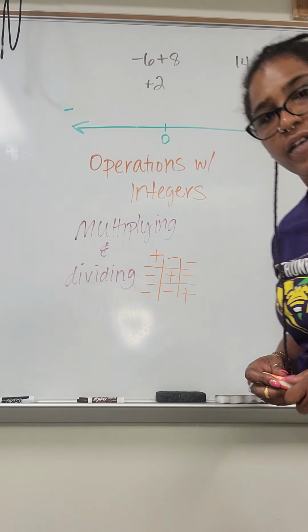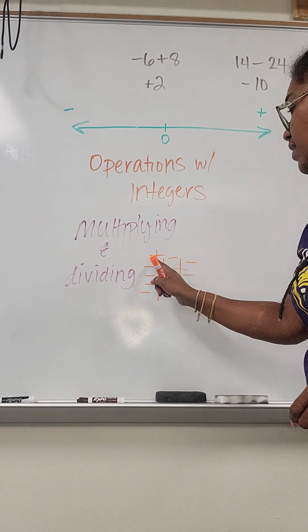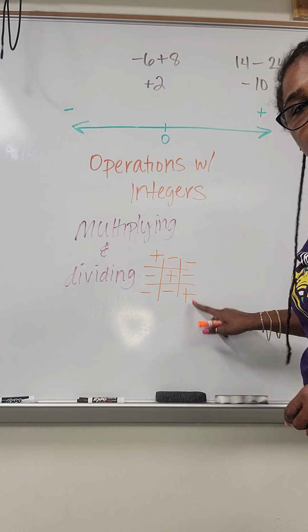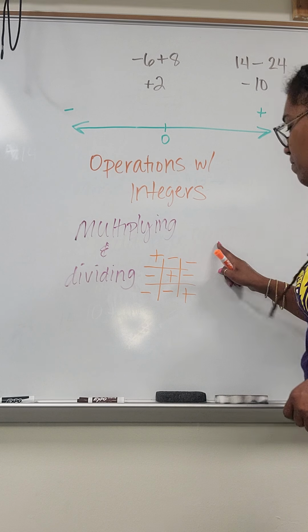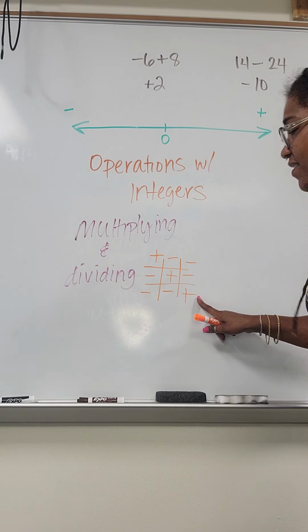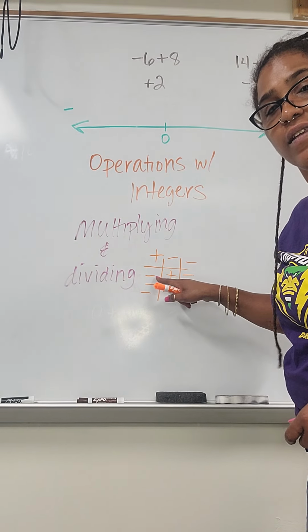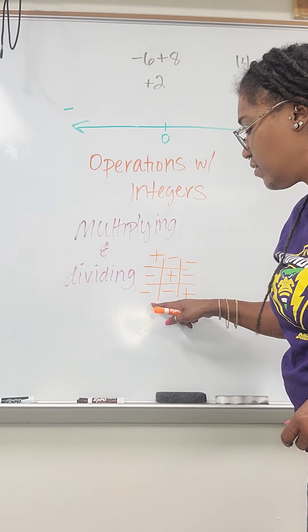Now, any way you read this, be it left to right, right to left, top to bottom, or bottom to top, this mimics the rules for multiplying and dividing integers, because a positive times a negative will be a negative value.